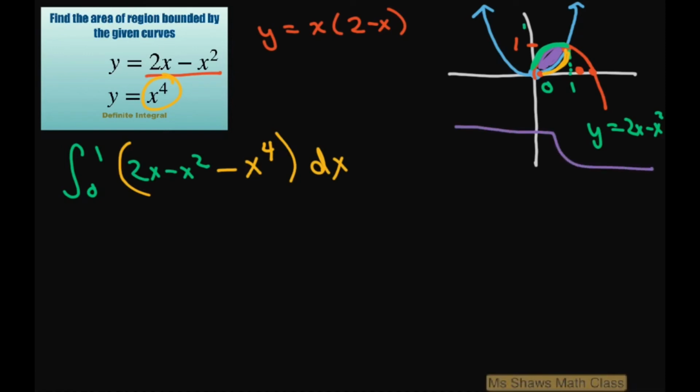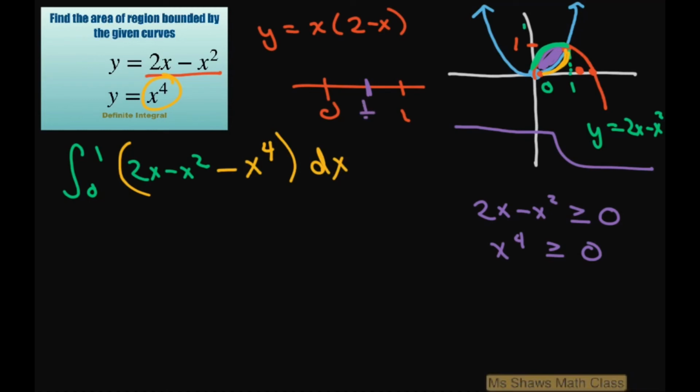Now this graph was fairly easy to graph. Sometimes the graphs aren't, so there's another way you could have done this. You could have set 2x minus x squared and x to the power of 4 and compared them. Now that we have our intersection points from 0 to 1, you can test a point in the middle, say 1/2, and see which one's bigger.